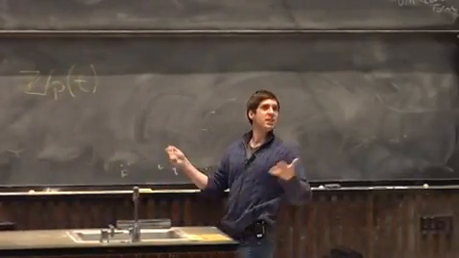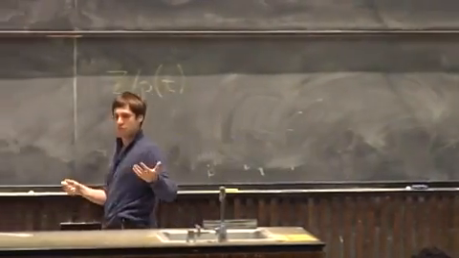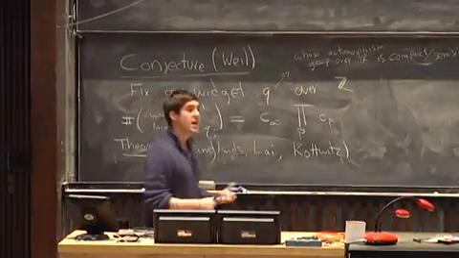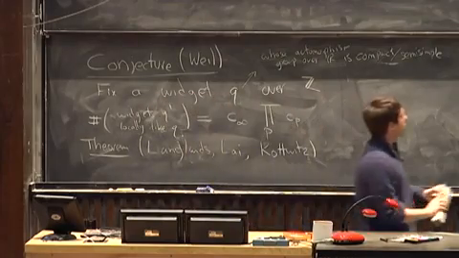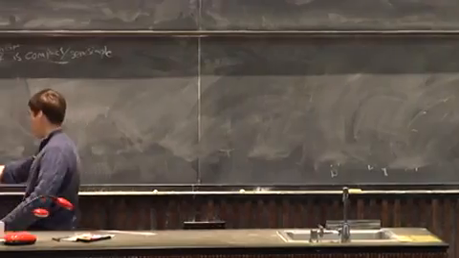So what I'd like to do is first tell you what the statement is over a function field, and then tell you how it translates into a problem of topology, and then describe an attack on that topological problem. So let me fix some notation for the rest of this talk.